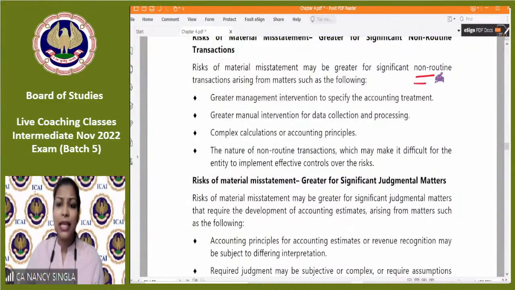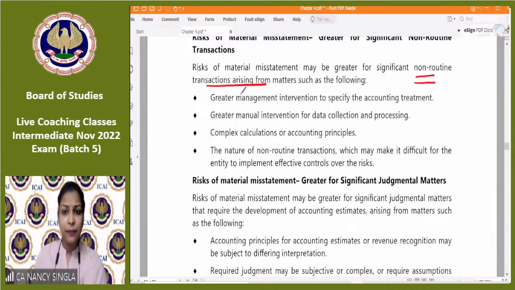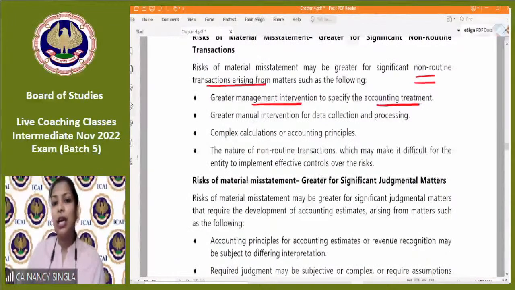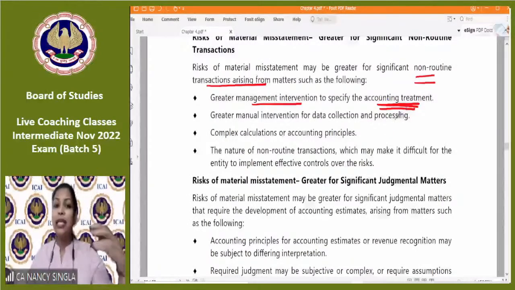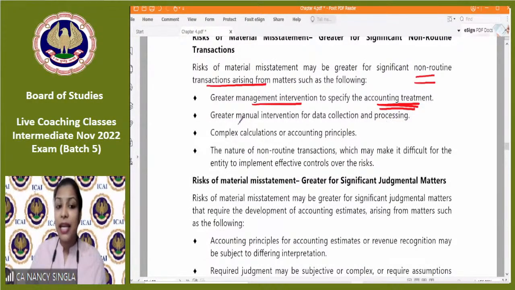For example, there have been some mergers and acquisitions during the year. Now, why are the risks associated with these transactions significant risk? Because there is greater management intervention in accounting treatment. Management will come in now. And if management has an intention to commit some fraud, that can happen. So the risk increases.